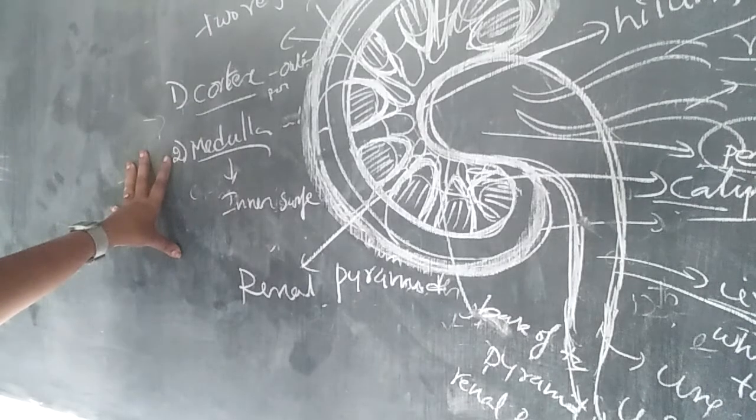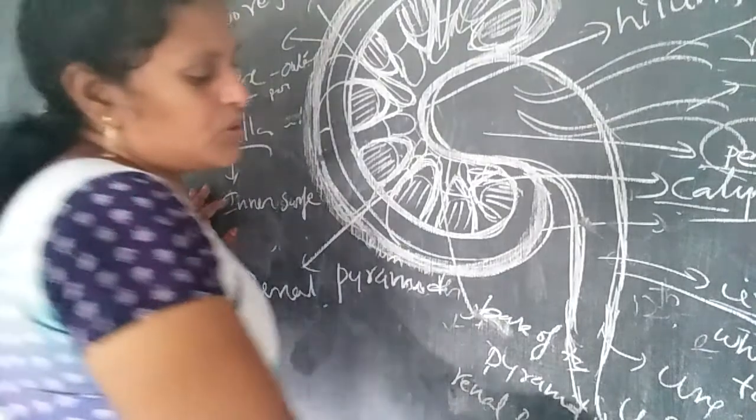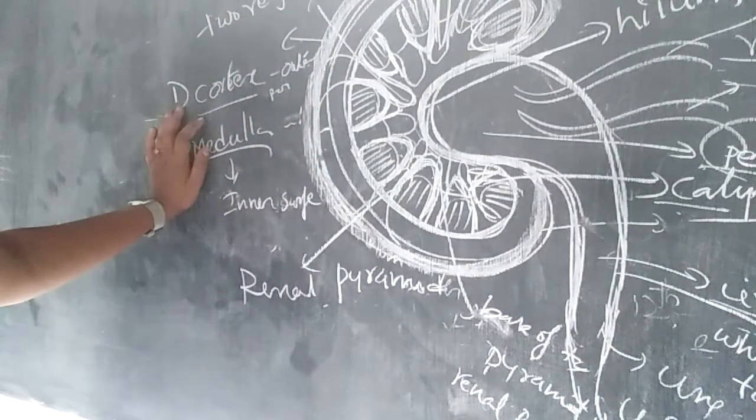And next is the urinary bladder. The urinary bladder is a median storage sac present in the lower abdominal cavity.